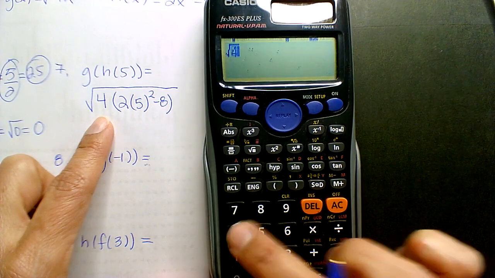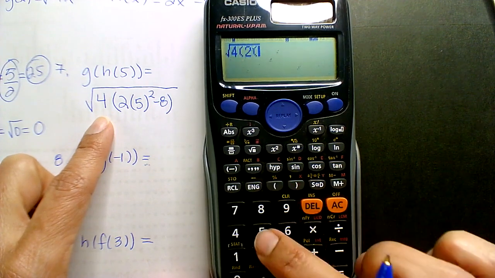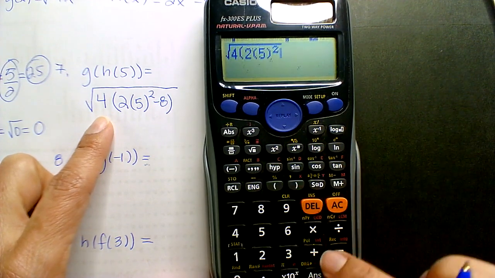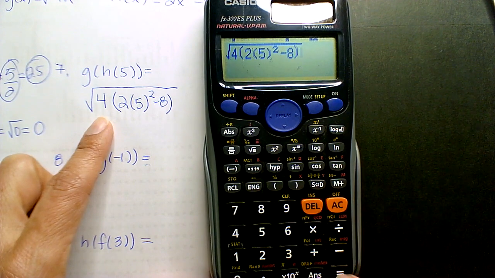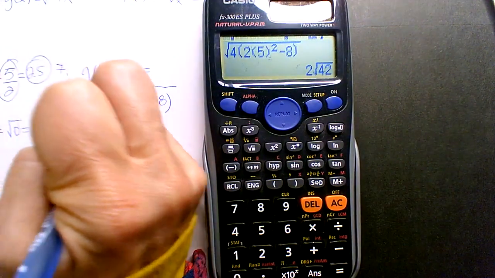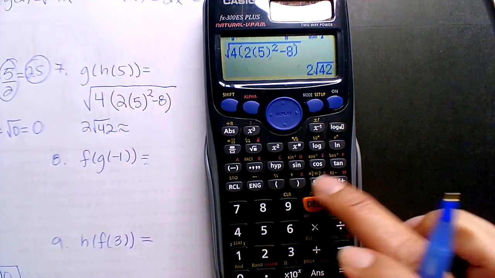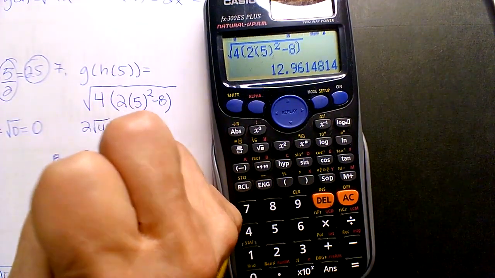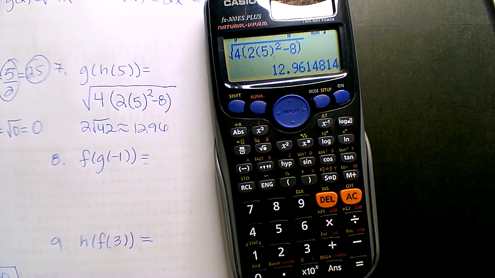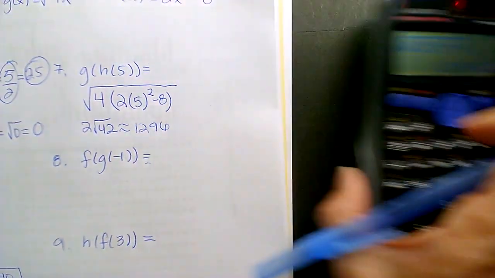Square root of 4 times (2 times 5 squared minus 8), and you would get the square root of 242, so you could have given that, or 12.96, right? That's in one shot.